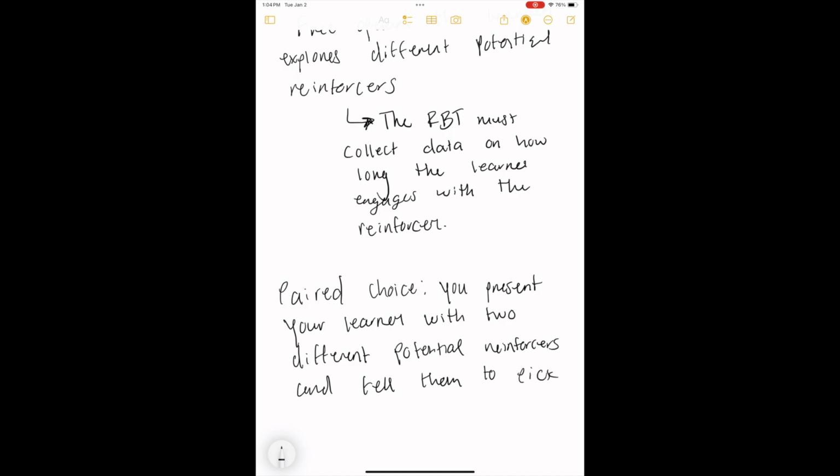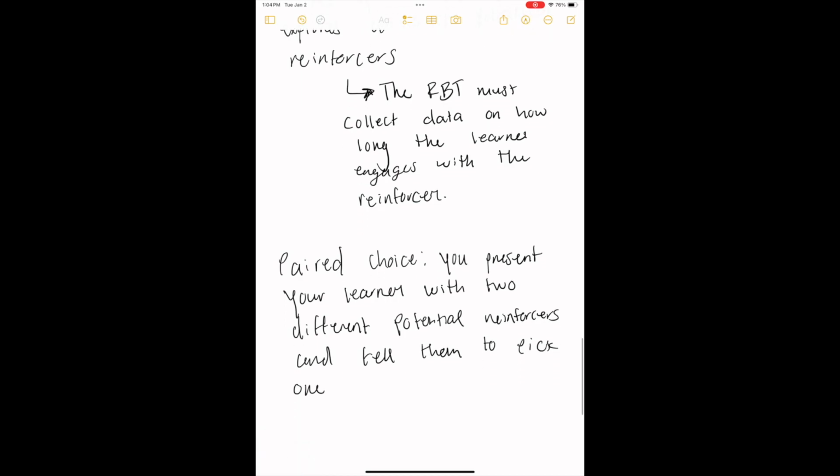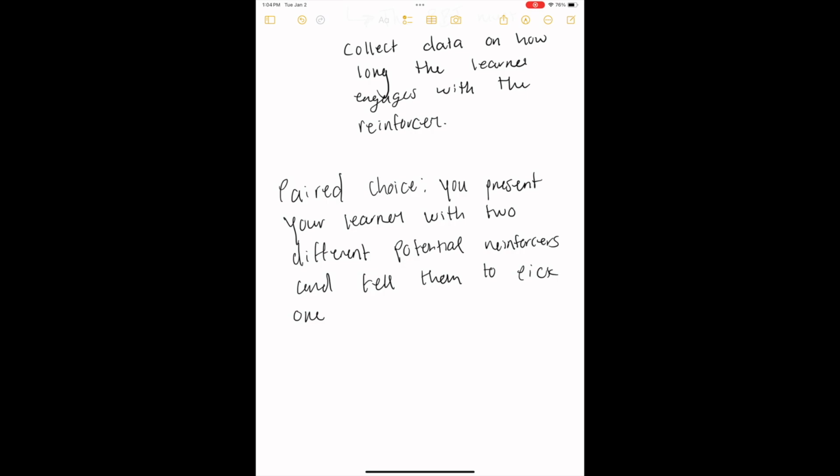Or you might just say point or something like that. Or you could just put it in front of them and see what they grab, because they might not have receptive skills, so they don't understand what pick one means. So you might just see which one they go for, which one they grab.